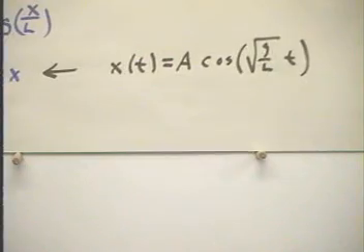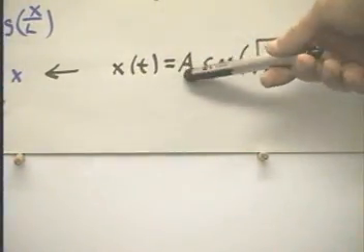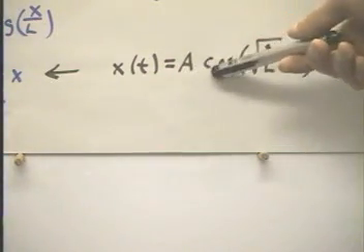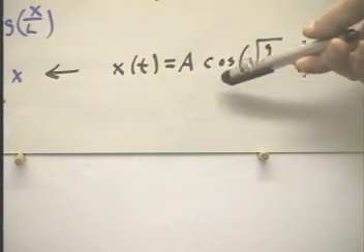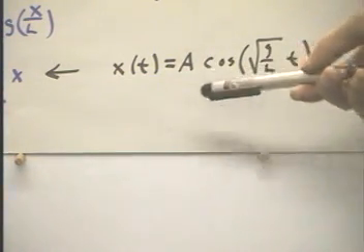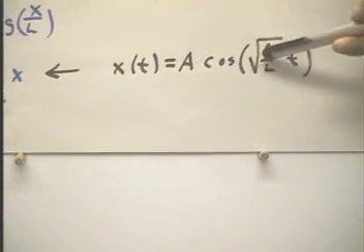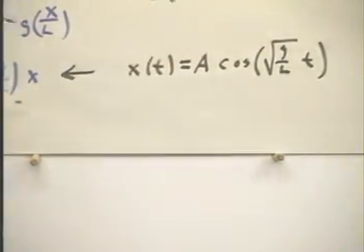This equation has solution x of t equals a, any constant, because the constant is going to be invisible to the second derivative, times the cosine, using the cosine instead of the sine. I could have used either, but the cosine works better for visualizing the pendulum, as you'll see. But a times the cosine of the square root of g over L times t. Okay, and that's going to be our function.